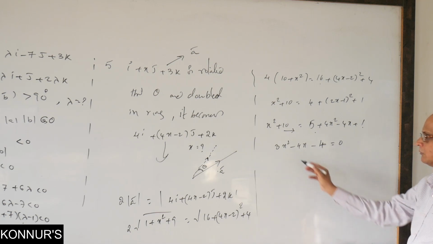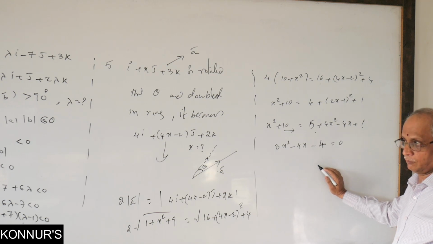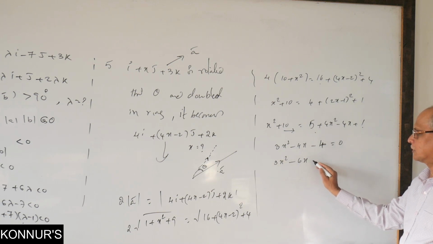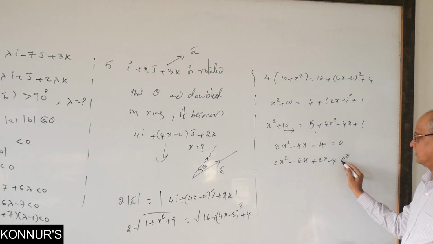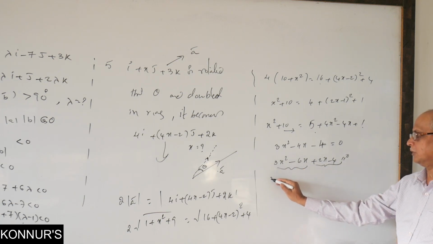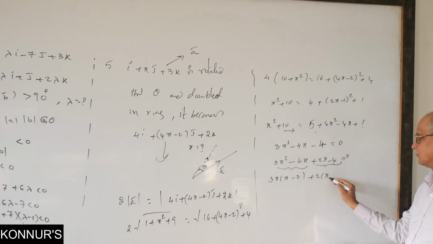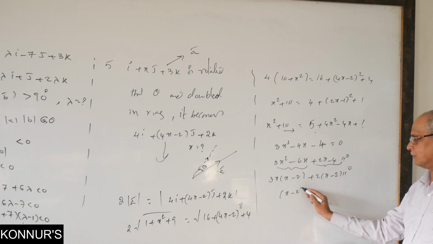Okay, follow. 6 minus 6 plus 2. 3x square minus 6x plus 2x minus 4. Then here 3x common, 2 common, again x minus 2 common.